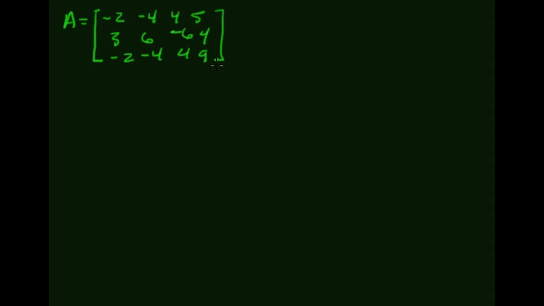So the row space is what I get if I span all of the row vectors in A, right? So the basis would be a minimal sized set that spans it. So I can do this by Gauss-Jordan. That's going to give me, I believe, 1, 2, -2, 0, 0, 0, 0, 1, 0, 0, 0, 0.